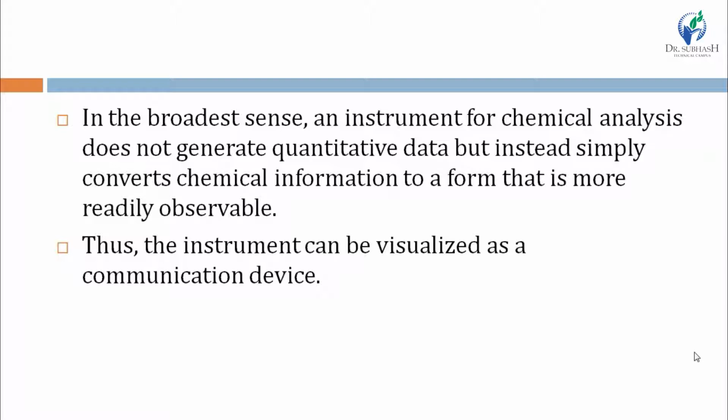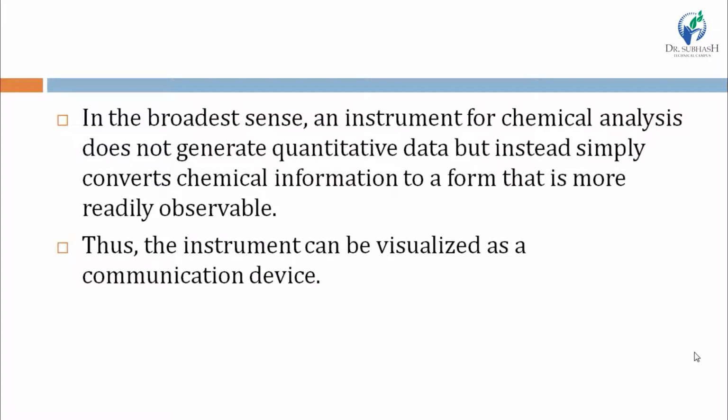In instrumental analysis, the instrument does not generate any quantitative data, but it just converts chemical information to easily observable information. Through just visualizing a sample, we cannot say which ion is present in that sample and in how much amount, but by using an instrument named atomic absorption spectrometer, we can.